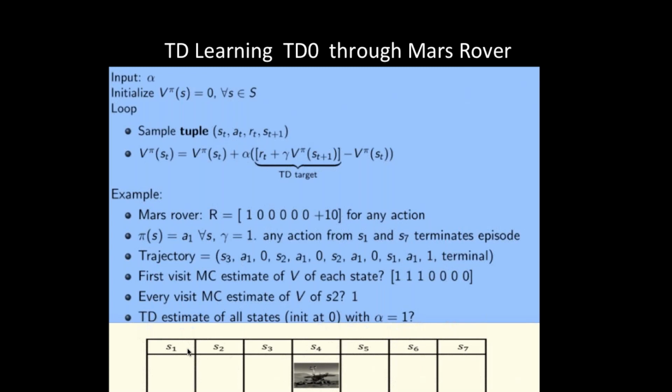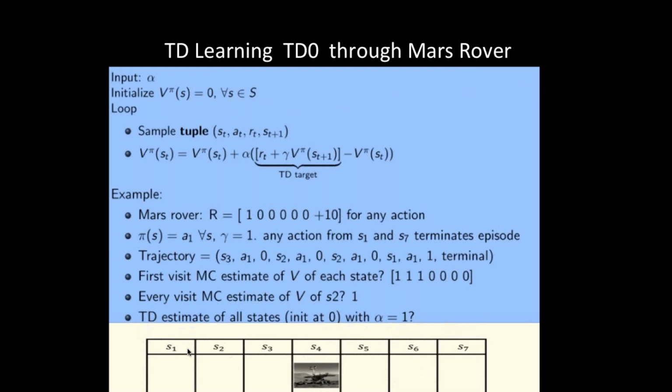This is as per the rover reward function, so this is how it is decided. And you can do a similar thing. If you want reward 10, then you will have to say S4, A1, A1, A1, 10. Right?